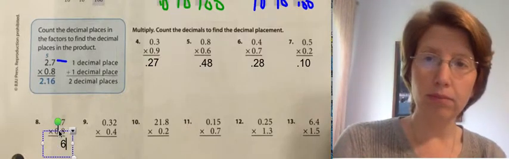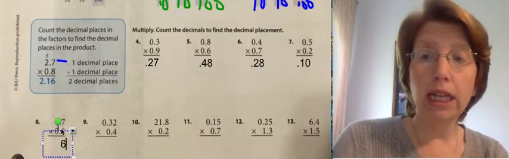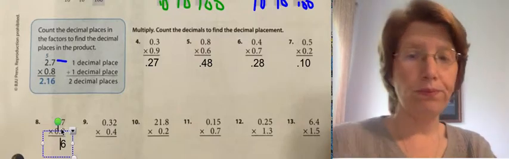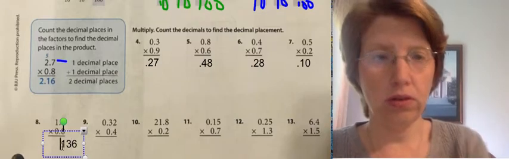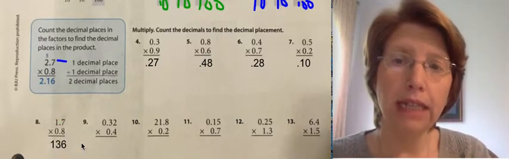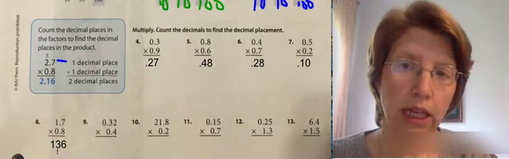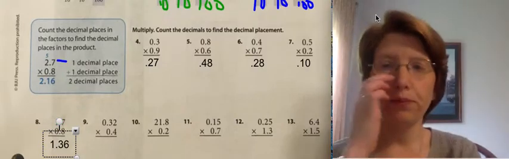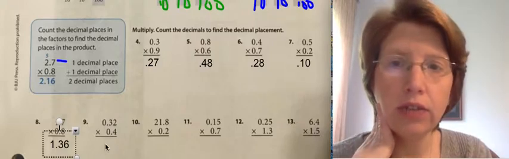My green bar's in the way. 8 times 1 is 8, plus that 5 we carried is 13. Now, how many numbers need to be behind a decimal? There's 2 numbers here behind a decimal. 1, 2. We're going to come right here and put our decimal right there. Okay, so we should have 1 and 36 hundredths.